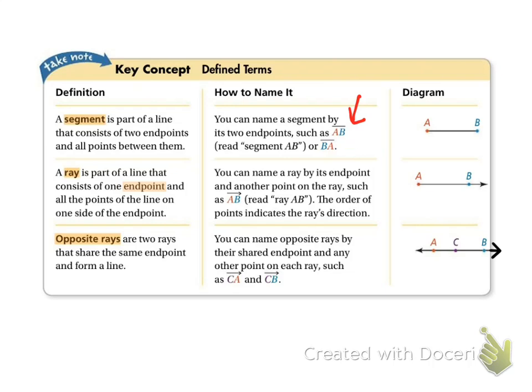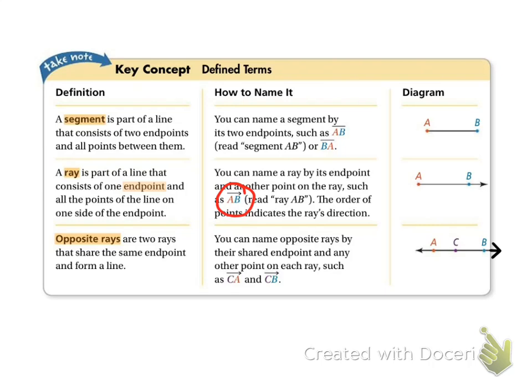A ray has 1 endpoint and then goes on forever in the other direction. So here we have ray AB, and you can see that we write AB. Notice that above the A, there isn't an arrow, and above the B, there is an arrow.